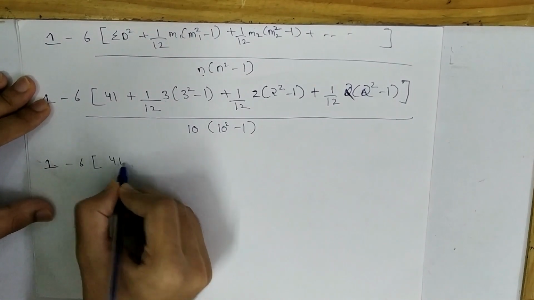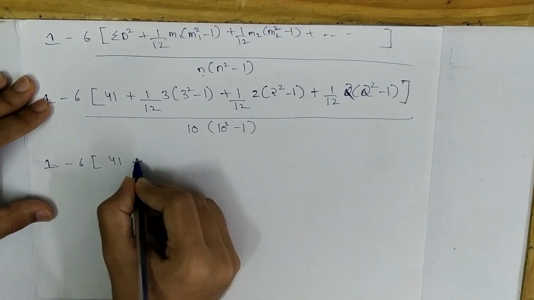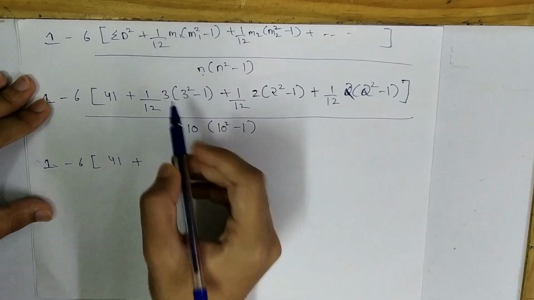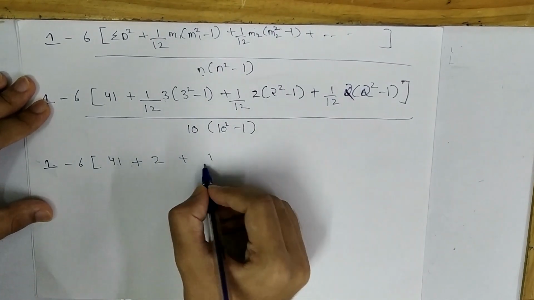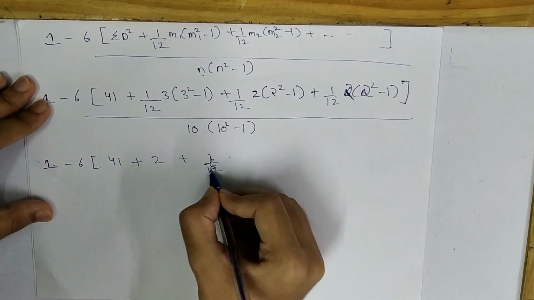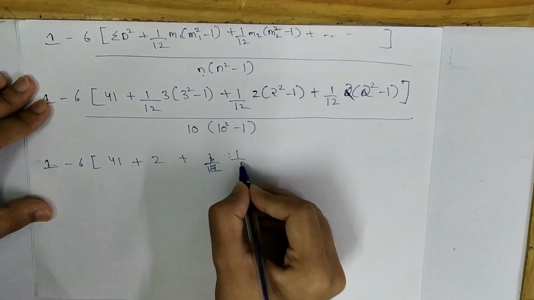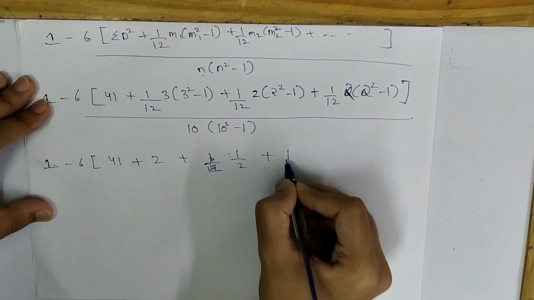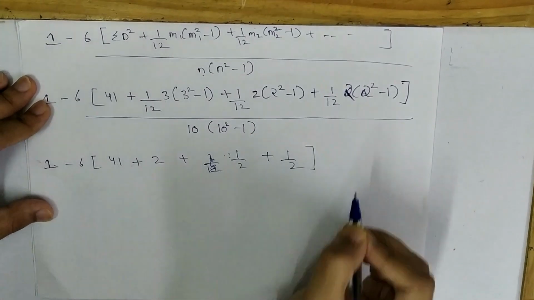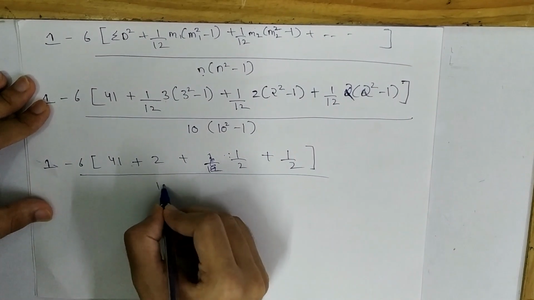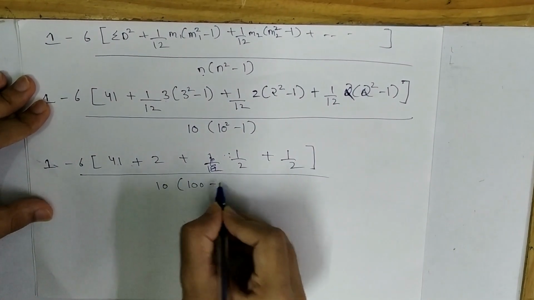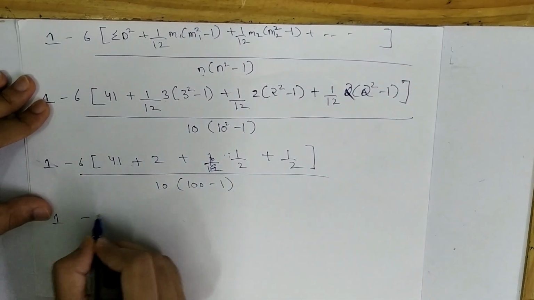This will be 41 plus, after this, the number remains 1 upon 2, and after this, the number remains 1 upon 2. And this is upon 10 square, 100 minus 1. 1 minus 6.